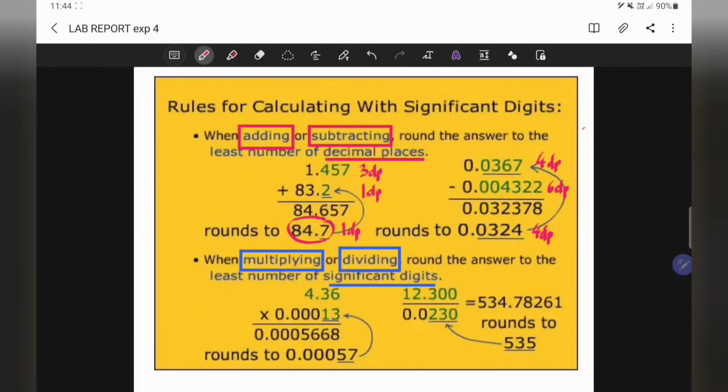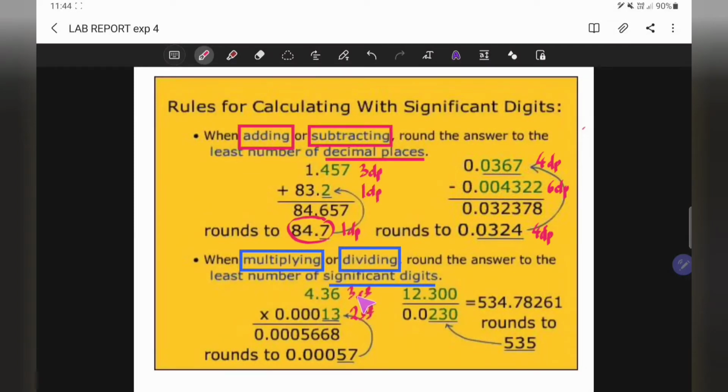For the other 2 processes, multiplication, pendaraban, or division, pembahagian, we just refer to the least number of significant figures or digits. For example, for the multiplication process, here we have 3 significant figures, 4.36, and here we have 2 significant figures.